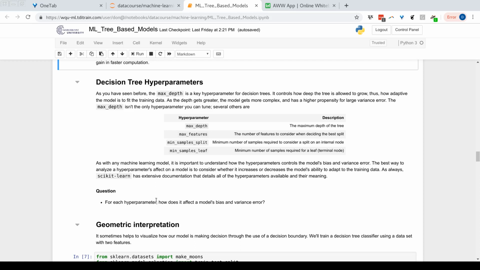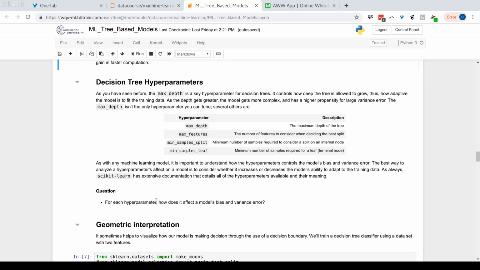Same answer as above with min samples split. As the minimum number of samples to be a leaf increases, that's going to prevent our tree from becoming complex, from growing. So increasing this value will lead to an underfitted model, but push away from an overfitted model. We'll reduce the variance and go towards a bias situation for our model.